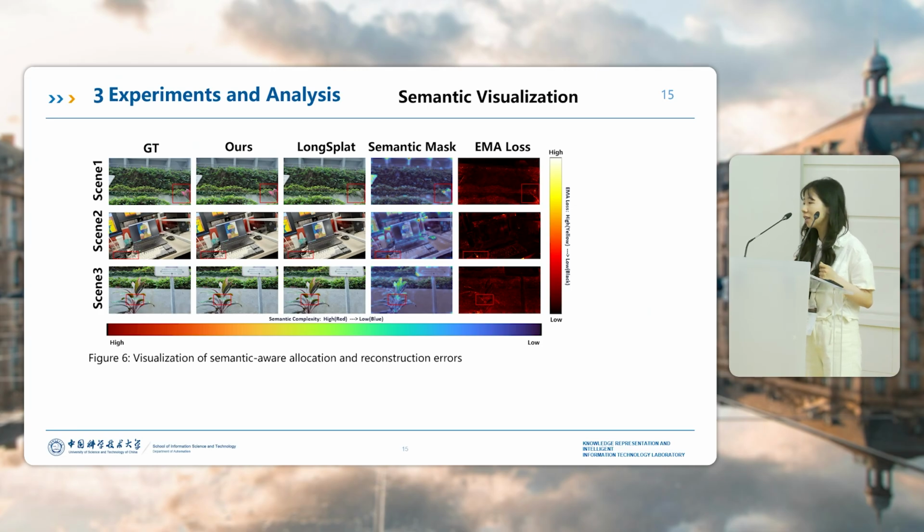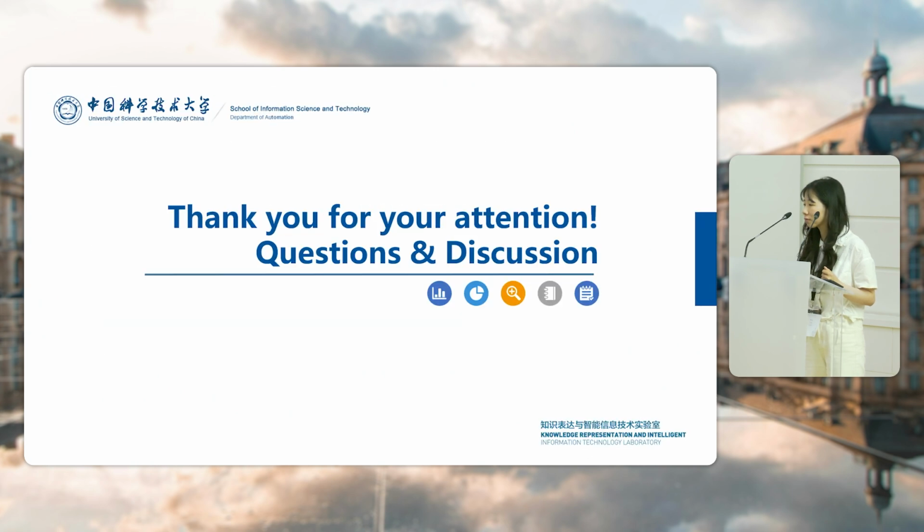The semantic saliency maps correctly highlight the structurally complex regions, and the error map shows our method concentrates the representation capacity precisely where the geometric complexity is highest, matching the semantic prediction with the actual reconstruction difficulty. That's all for my presentation.